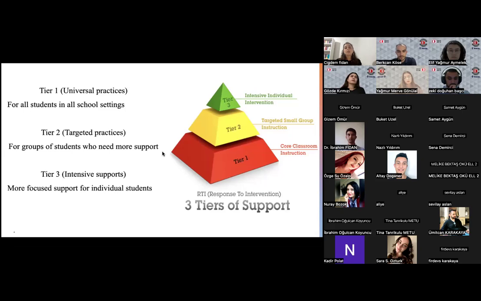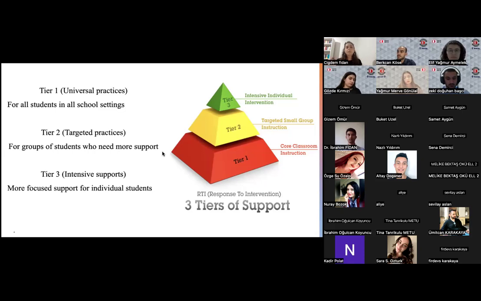Tier 1 practices are applicable for all students in an ELT classroom. But tier 2 means targeted practices, for groups of students who need more support, and these are mostly not taught to prospective ELT teachers.